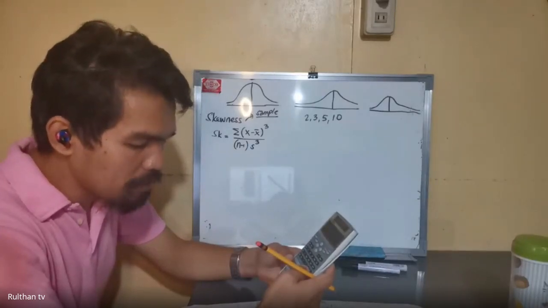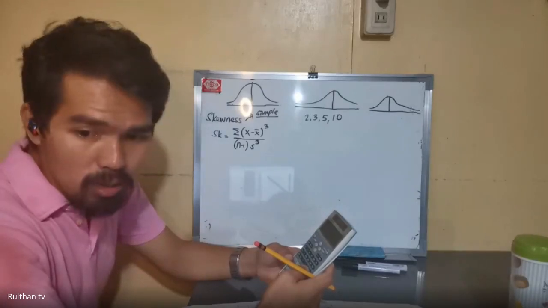The summation of x minus x bar squared divided by n minus 1. Is that our formula?